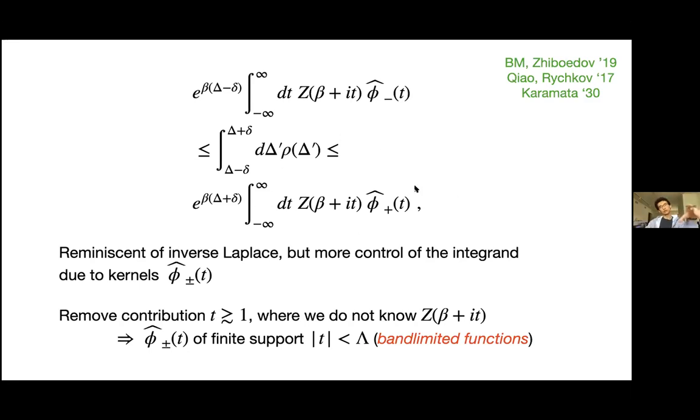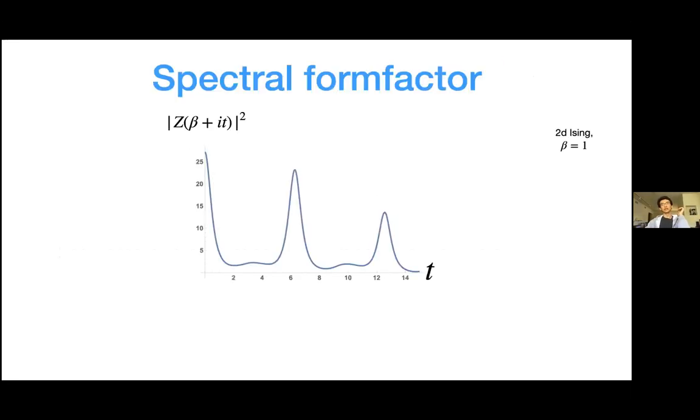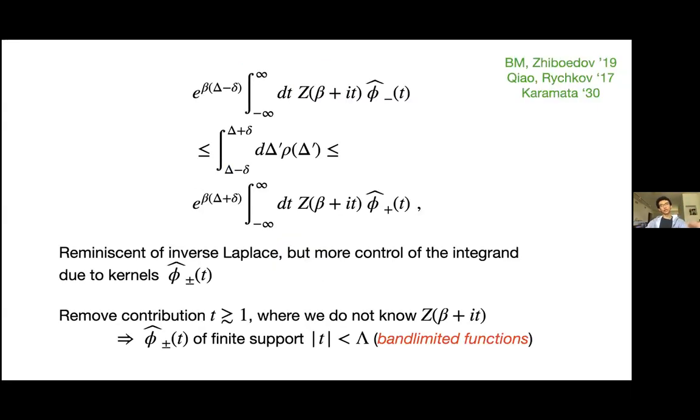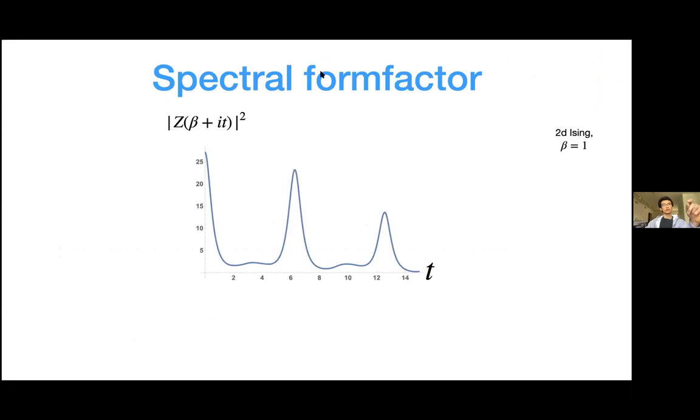Okay, so now let's discuss in more detail how you compute these things. Before we actually compute it, let me say a few heuristic comments about this Z as a function of t. Its absolute value is often called the spectral form factor. Hopefully these comments give some intuition of what this function is.